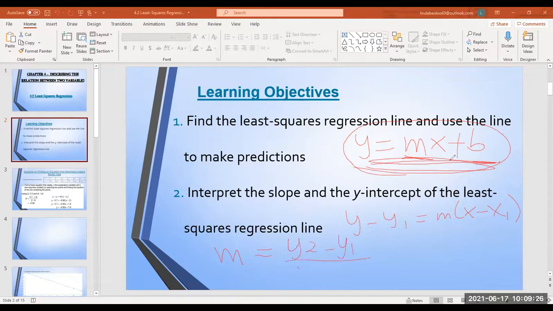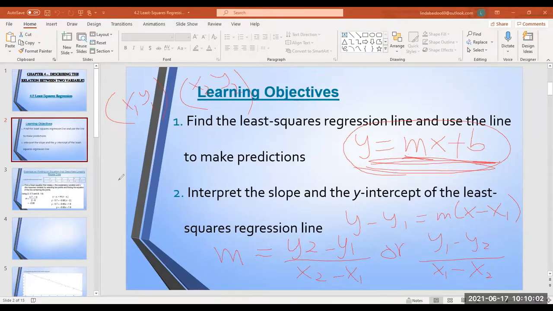Before we can even use this formula or the second formula, we have to find m, because m is part of the formula. We know that you have x1, y1. If these are x1, y1, then this would be x2, y2.